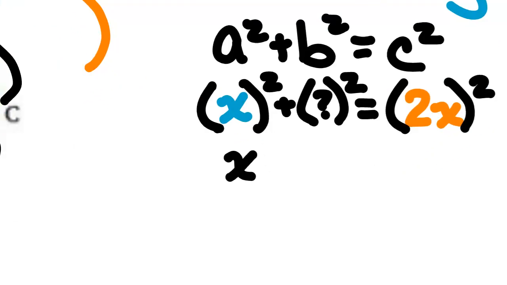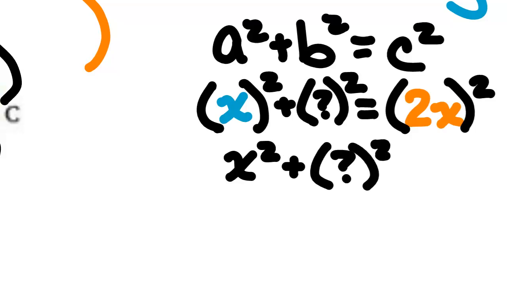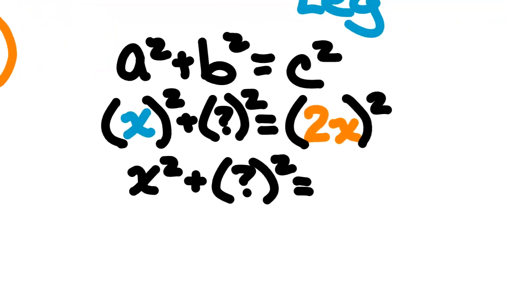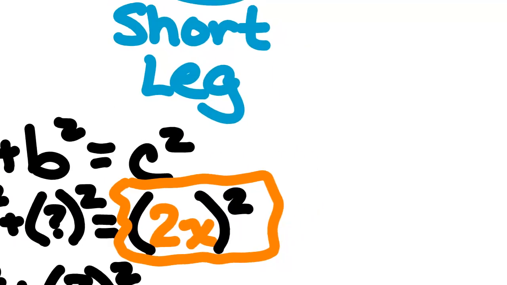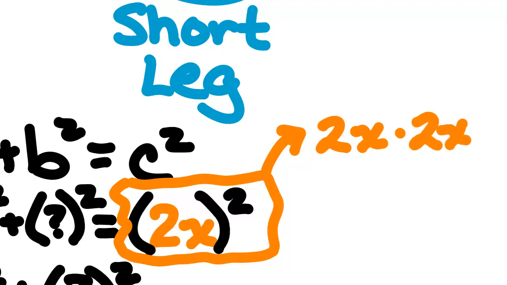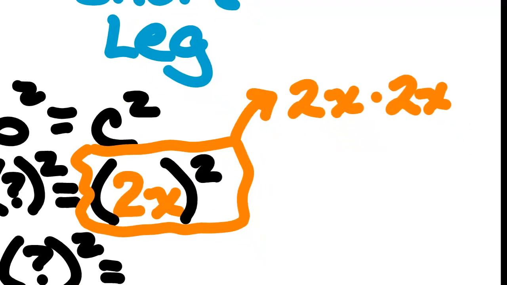So I end up with x squared plus my question mark squared is equal to, we got to make sure to do this part right. What does it mean to square something? Multiply it by itself. So this is 2x times another 2x here. Well, what is 2 times 2? 4. What's x times x? X squared.